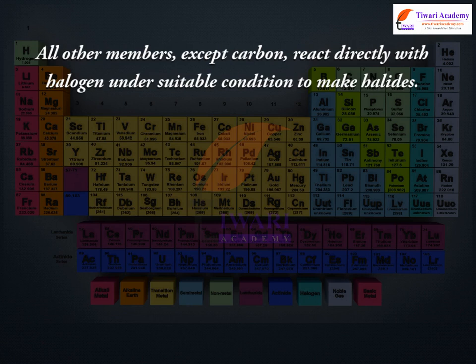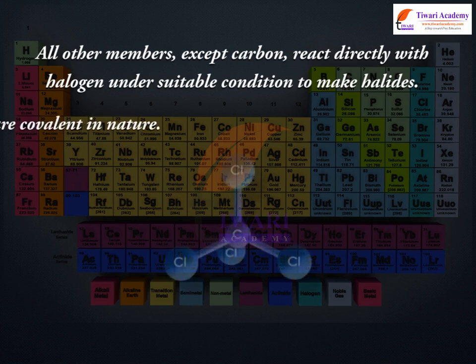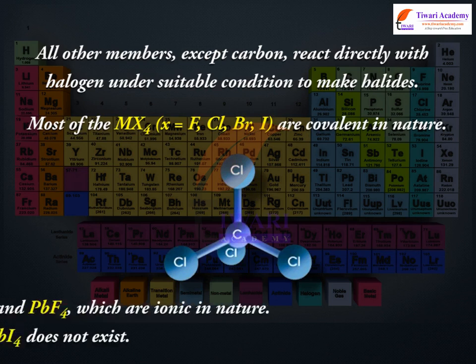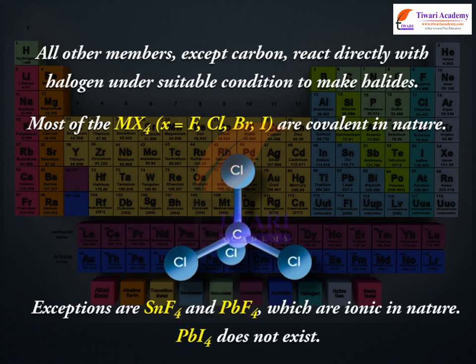All other members except carbon react directly with halogen under suitable condition to make halides. Most of the MX4 (X = F, Cl, Br, I) are covalent in nature. Exceptions are SnF4 and PbF4, which are ionic in nature. PbI4 does not exist.